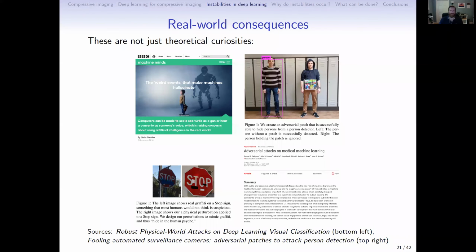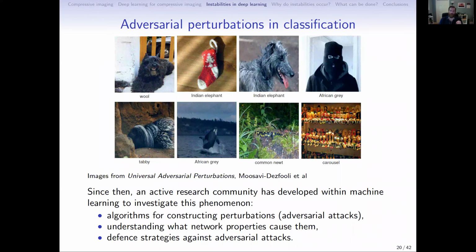That's an excellent question. If you dig into the literature on this, and I'm happy to provide some references afterwards, there are different types of attacks. There are attacks where you need access to the network architecture, and these are known as white box attacks in the community. But then there are also strategies for black box attacks where you don't need access to the network architecture.